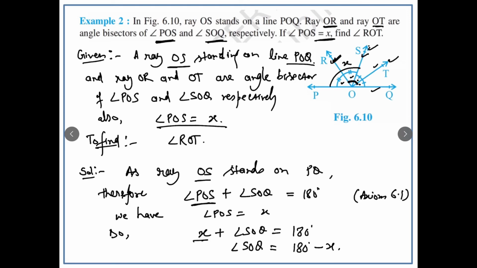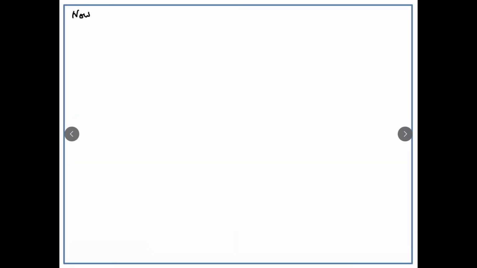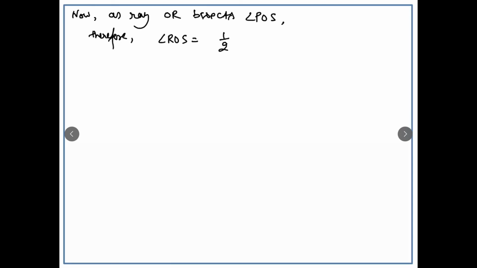Okay, so next try to write now: as ray OR bisects angle POS, therefore the angle, which is this angle ROS, will be equal to half of angle POS.